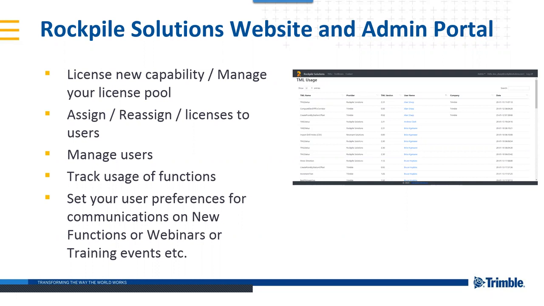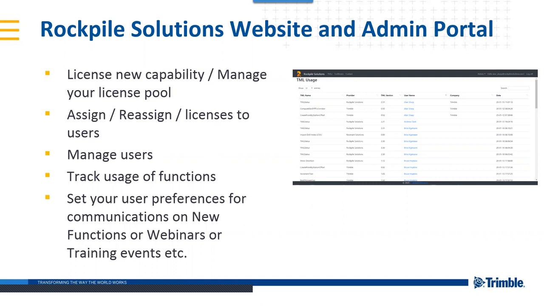So for example, if you've got 5 licenses to the Rockpile package, for instance, you can see who's using it, and you can see who's got a license for it. And maybe you need to reassign a license from one person to another because somebody's not using the functionality today, and you don't want to go buy another package from Rockpile. So at that point, you can manage your license and manage your usage and see who's doing what with the product.